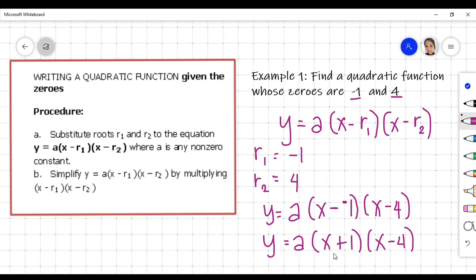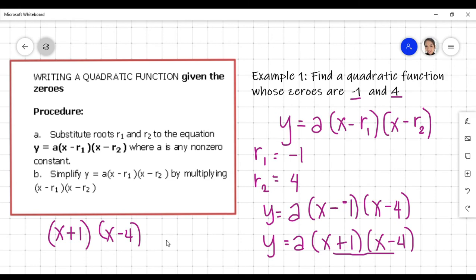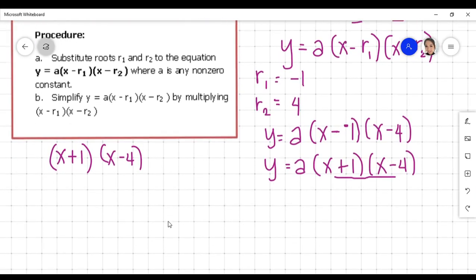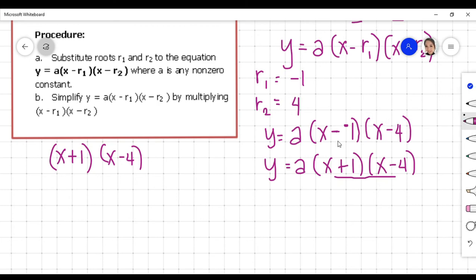So we have to multiply the two binomials. So what is x plus 1 times x minus 4? Last time I discussed to you the vertical way of multiplying two binomials. You could also use FOIL, so it's up to you, or you can use distributive property.